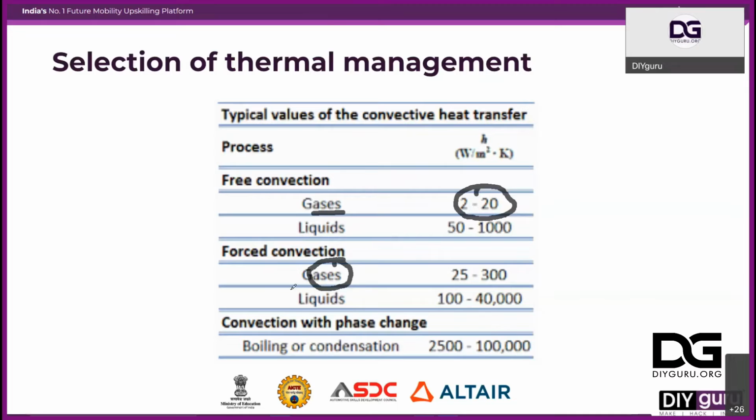If you have a high flow speed of the fluid, the range will increase. For 2 to 20, 2 means the air is moving at very low speed, and 20 means it is moving at very high speed. The same goes for liquid, low speed and high speed. So h depends upon the speed of the flow as well.